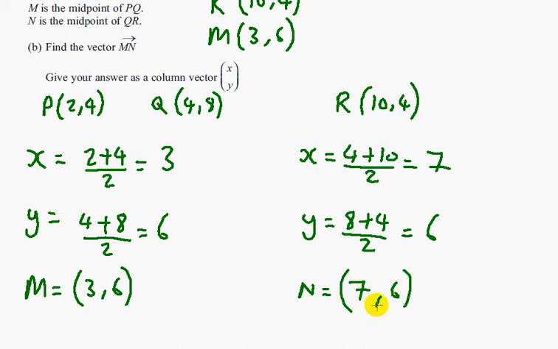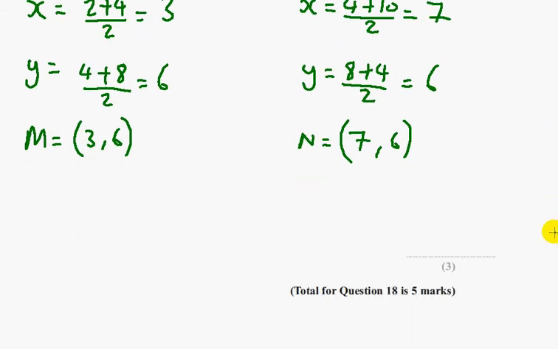Now it says find the vector MN, give your answer as a column vector. So from M to N, we have to take those away. M to N is going to be (7, 6) minus (3, 6).